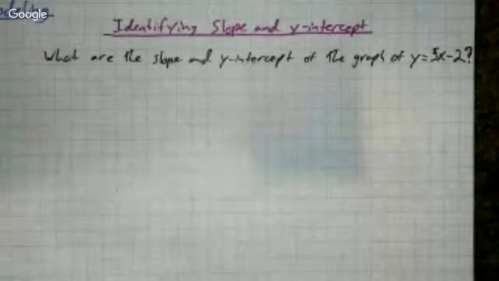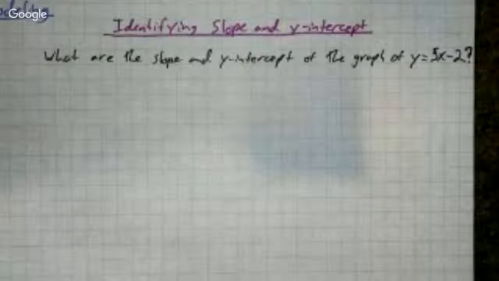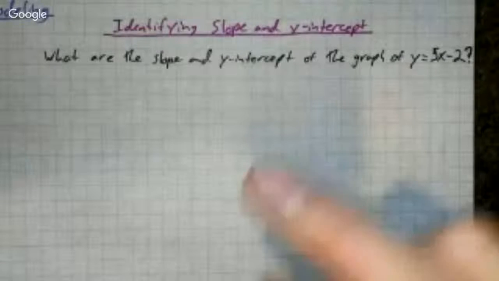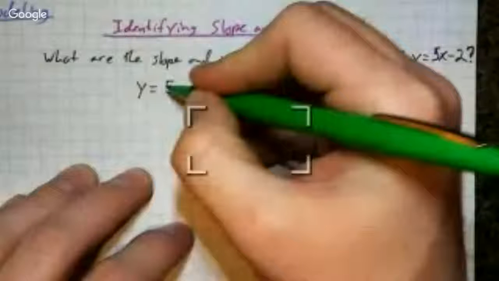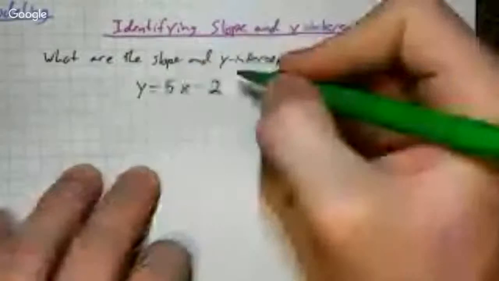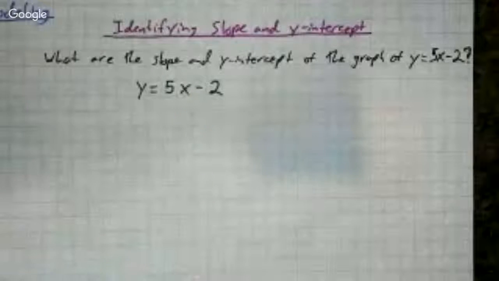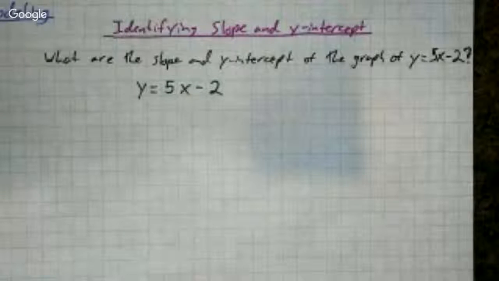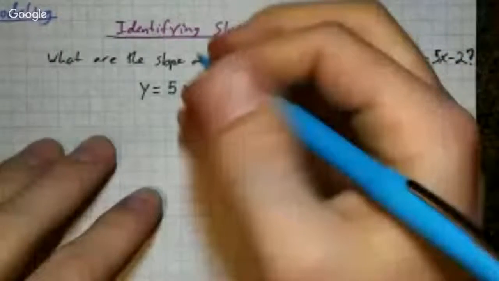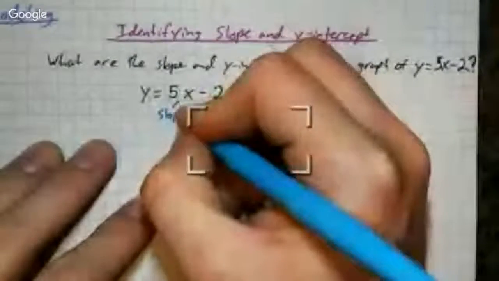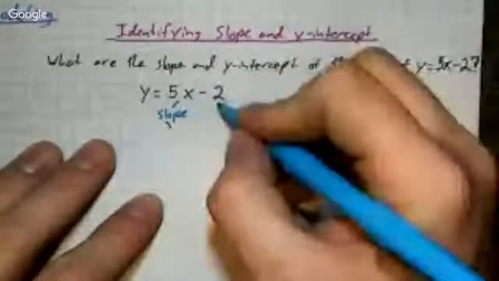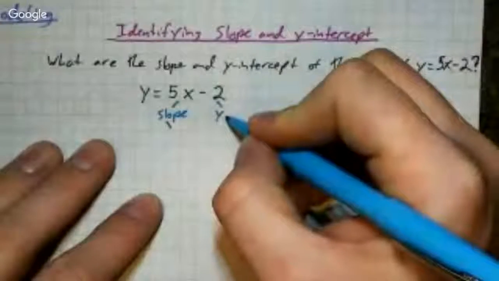So let's write that out: y equals 5x minus 2. Okay, so we know, based on what we've already seen, which one is the slope and which one's the y-intercept. So right here we have the slope, and right here we have the y-intercept.